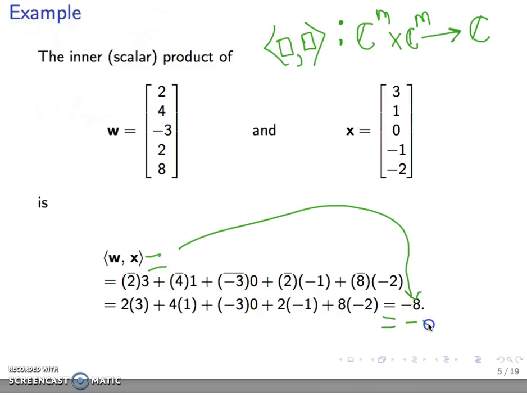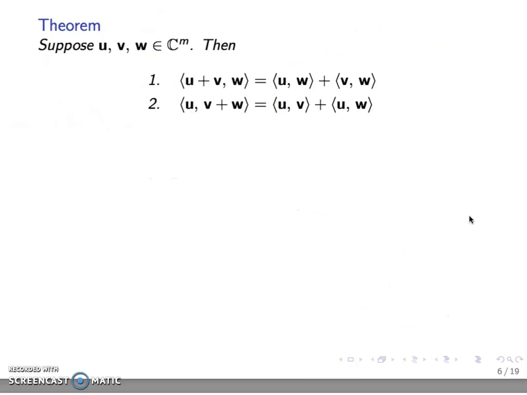You can write this as -8 plus 0 times i, so -8 is a complex number that has 0 imaginary part. But the important thing is two vectors come in, and one complex scalar is the output of the inner product. Then the inner product, as an operator, is going to have certain properties.